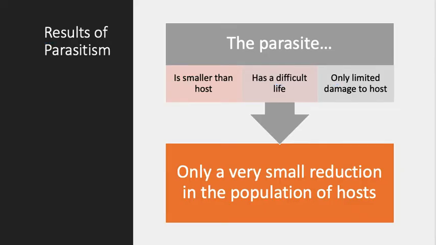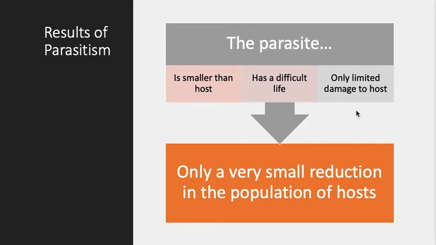The results of parasitism. Now, you might think that these other organisms living on or in an organism from a different species might wipe it out, but they tend not to. Usually the parasite is much smaller than the host, and it has a kind of a difficult life, so its numbers don't ever get all that huge, and it tends to not cause that much damage to the host.